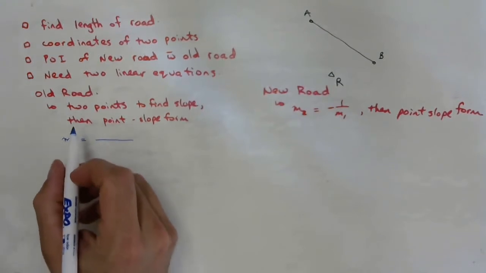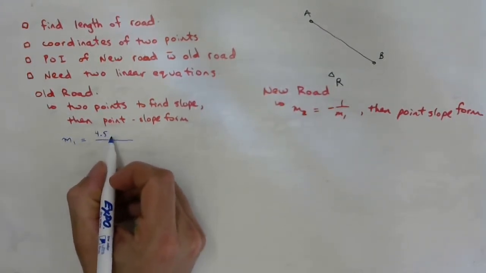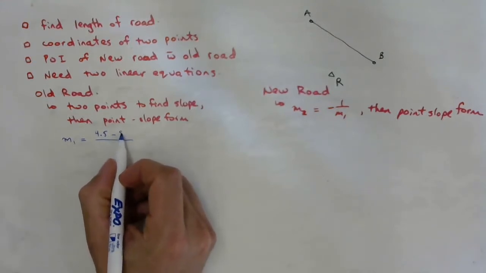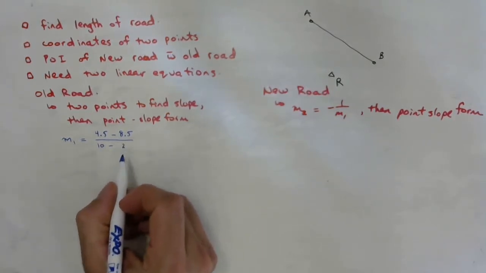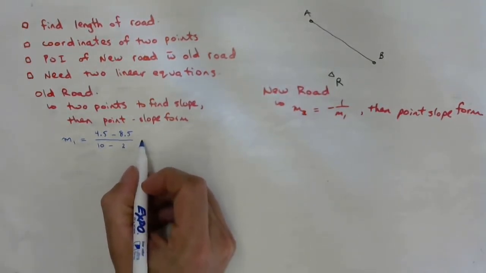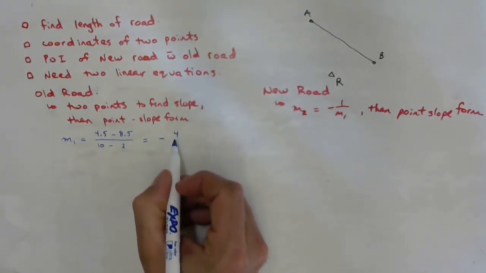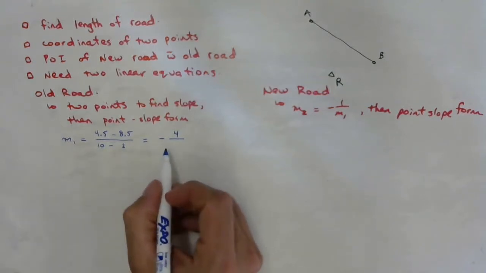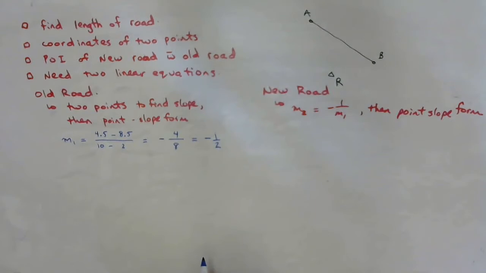I'm going to call the second point B my second point, so I have 4.5 minus 8.5 in the top. And then the bottom I have 10, take away 2. I'm just going to work across in order to save myself some space. I've got negative 4 in the numerator, and the denominator is 8. That gives me a slope of negative 1/2.